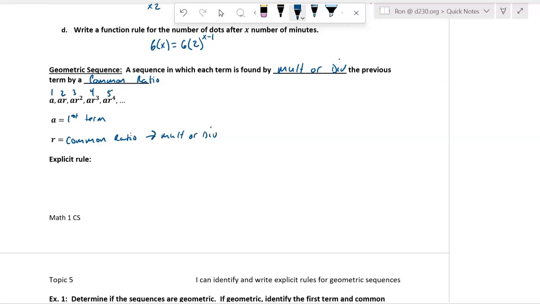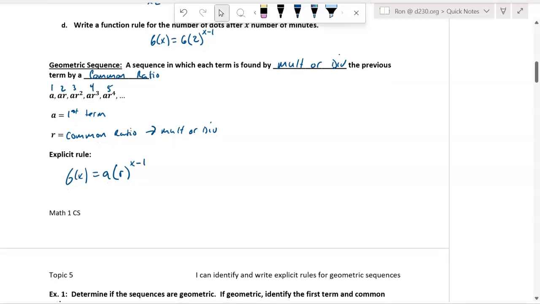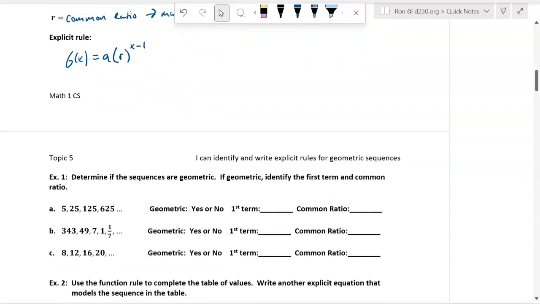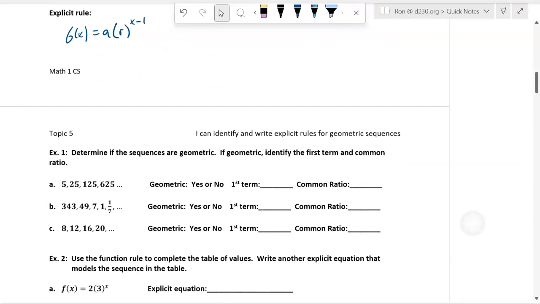Now your explicit rule would always be f of x equals A, your first term, times your common ratio to the x minus 1. So anytime we want to write the explicit rule, you just need to know the first term and the common ratio, and write your formula.